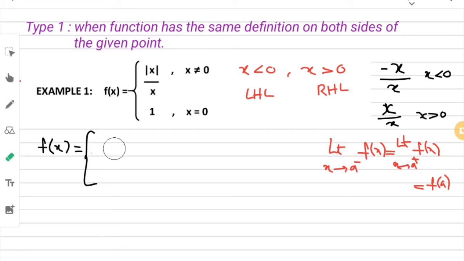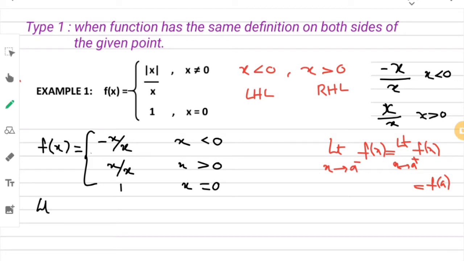Here I am going to split directly, that is I can write minus x by x where x is less than 0, and then x by x when x is greater than 0, and for x equal to 0 they itself given it as 1. So at x equal to 0, the function is 1.